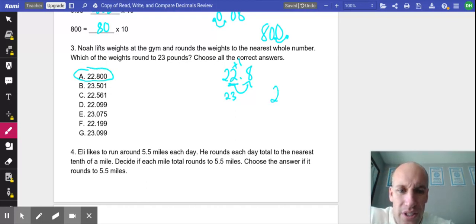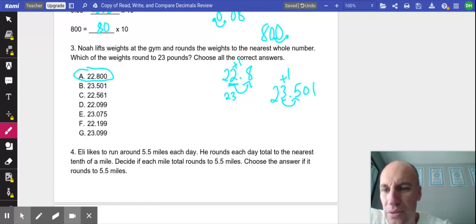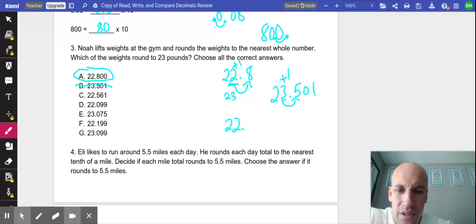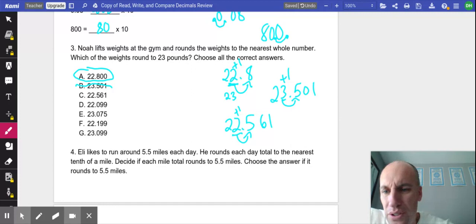Next, 23.501. We look at it. 5 or above, we increase. So it becomes 24. So that will not work. 22.5. We look at the 5. 5 or more, raise the score. 22 plus 1 is 23. That one will work. The next one, 22, we look at the 0.